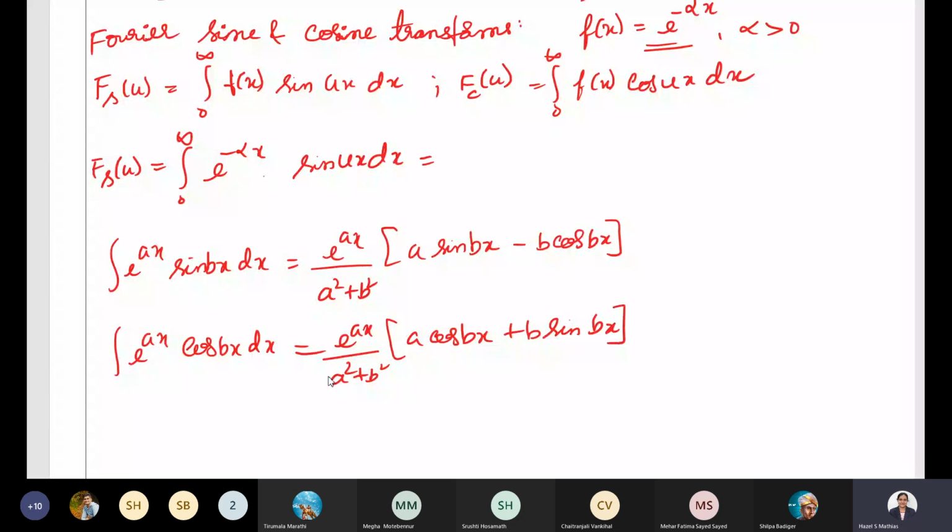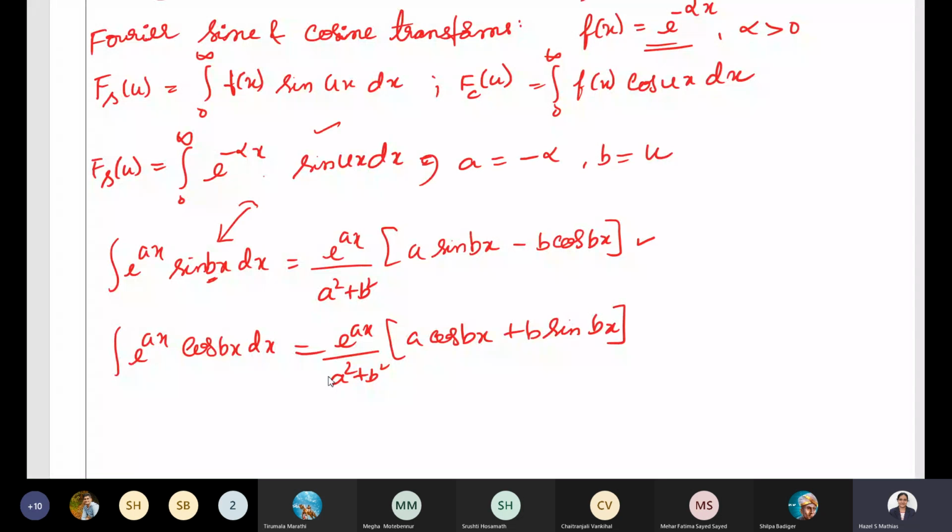So let's expand this one using this formula. According to that, what is the value of a? Compare these two. A will be minus alpha. What is b? b is u over here.